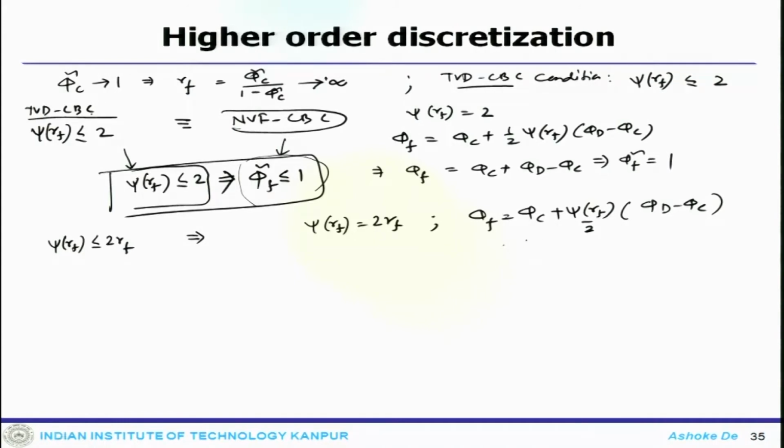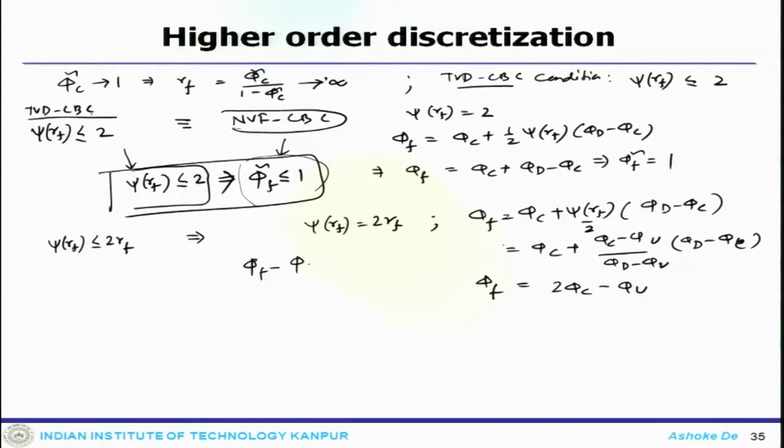So, that will get you phi c plus phi c minus phi u by phi d minus phi u multiplied by phi d minus phi c, that is 2 phi c minus phi u. Now, that is what you get, phi f minus phi u equals 2 phi c minus 2 phi u.